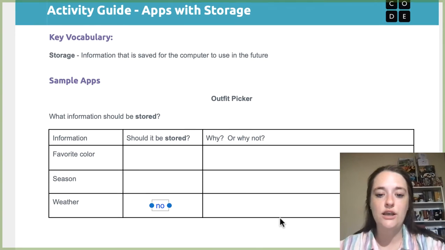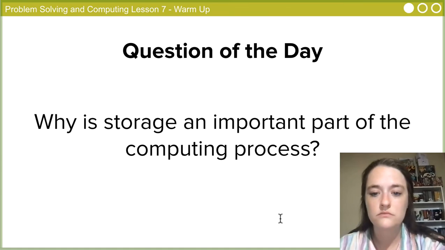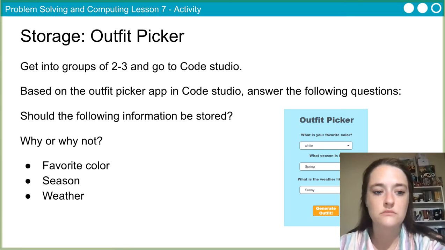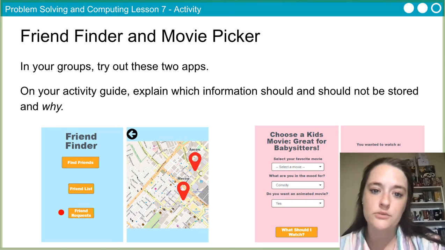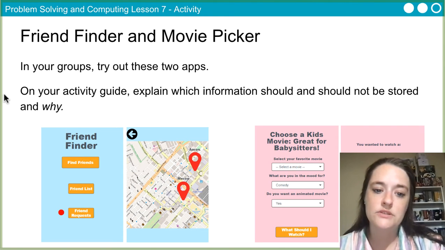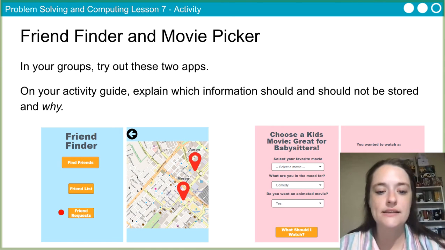So let's look at Friend Finder. Your Friend Finder and Movie Picker apps. Try these apps and talk about what information should be stored and what should not be stored and why. Again, why is the biggest reason.